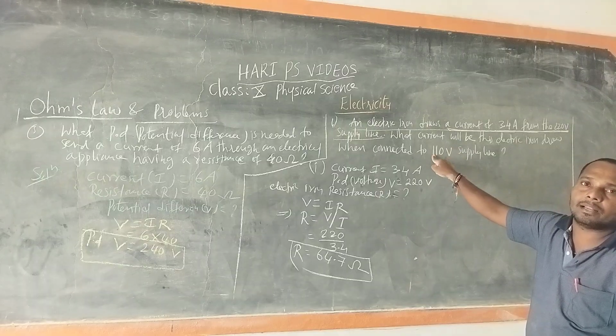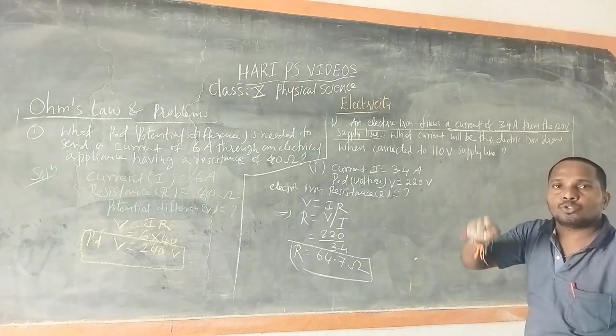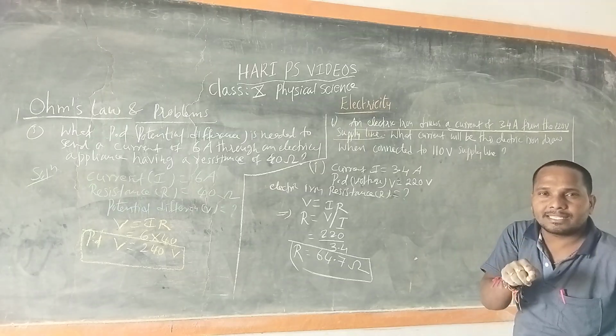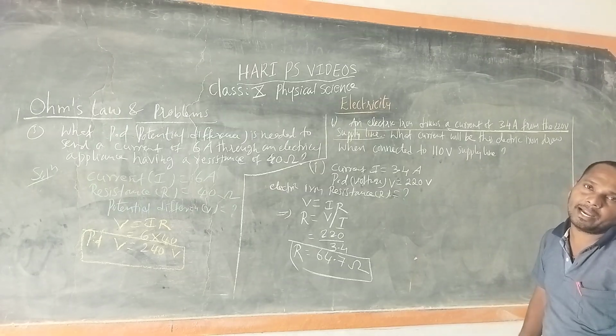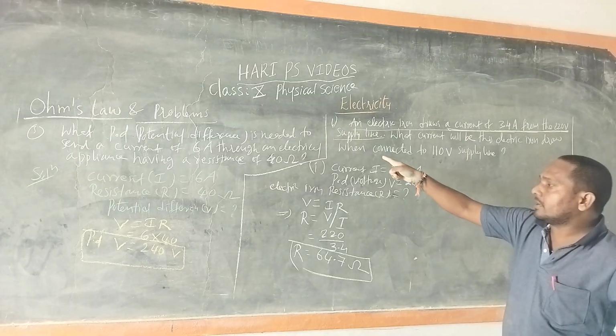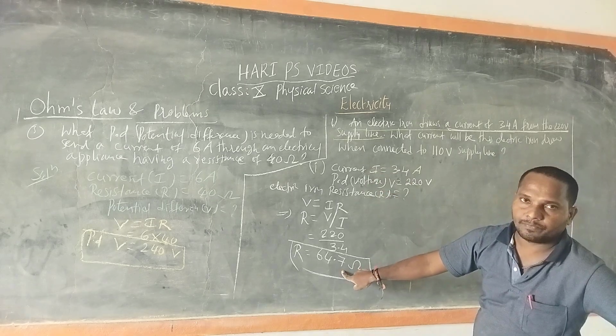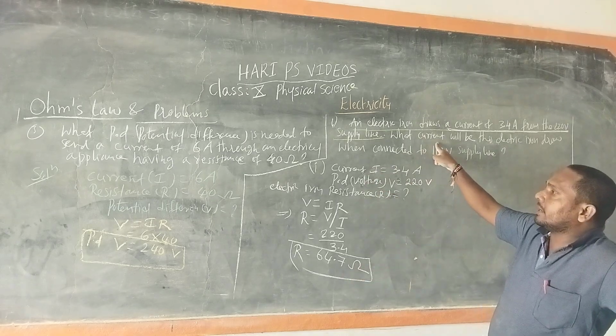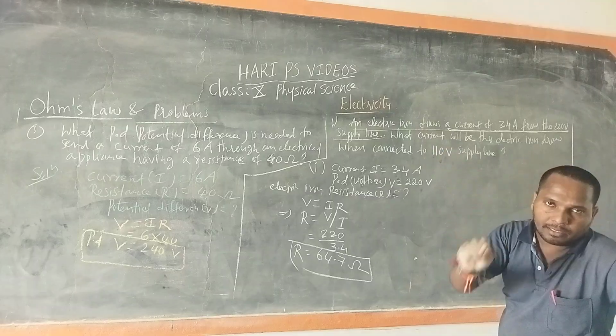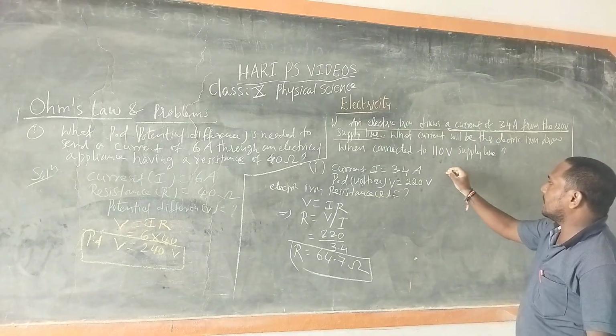To find the current, we must know the resistance of the electric iron. So in the first case, we calculated resistance, then in the second case, we calculated the electric current.